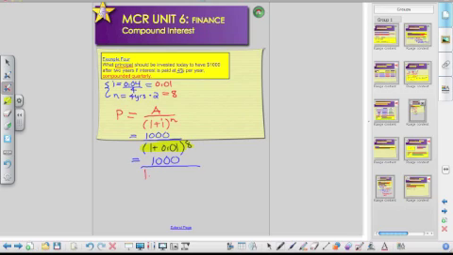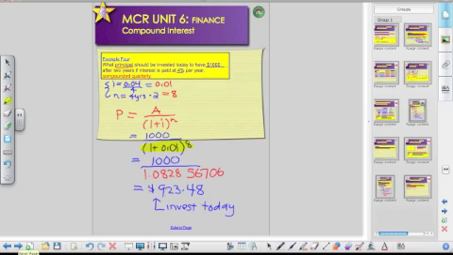And we're going to keep all our decimal places again to get the most accurate answer. 2856706. And now when you punch this all into your calculator, you get $923.48. So that means this is the amount that you have to invest today in order to get $1,000 at the end of 2 years.